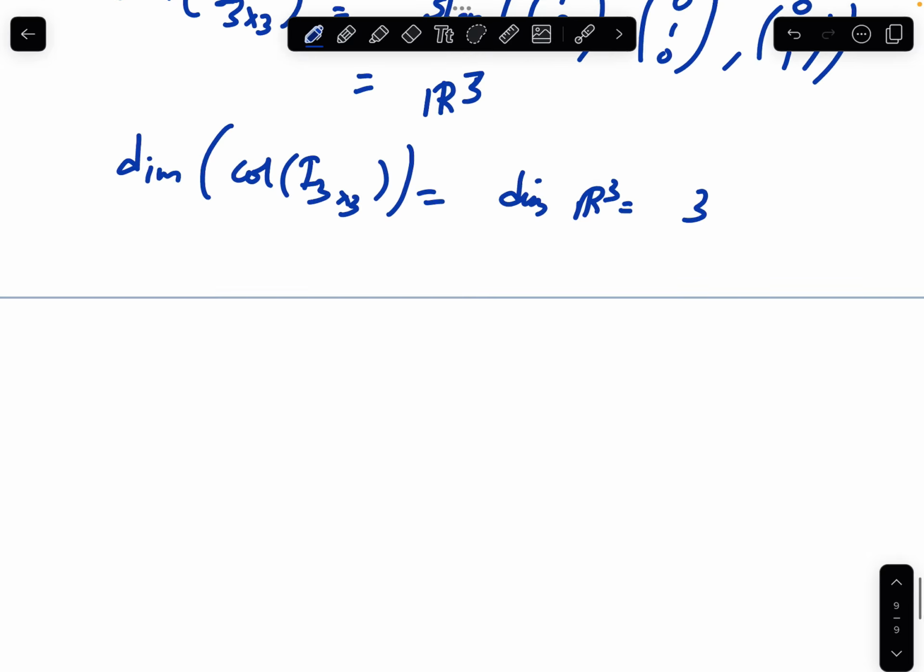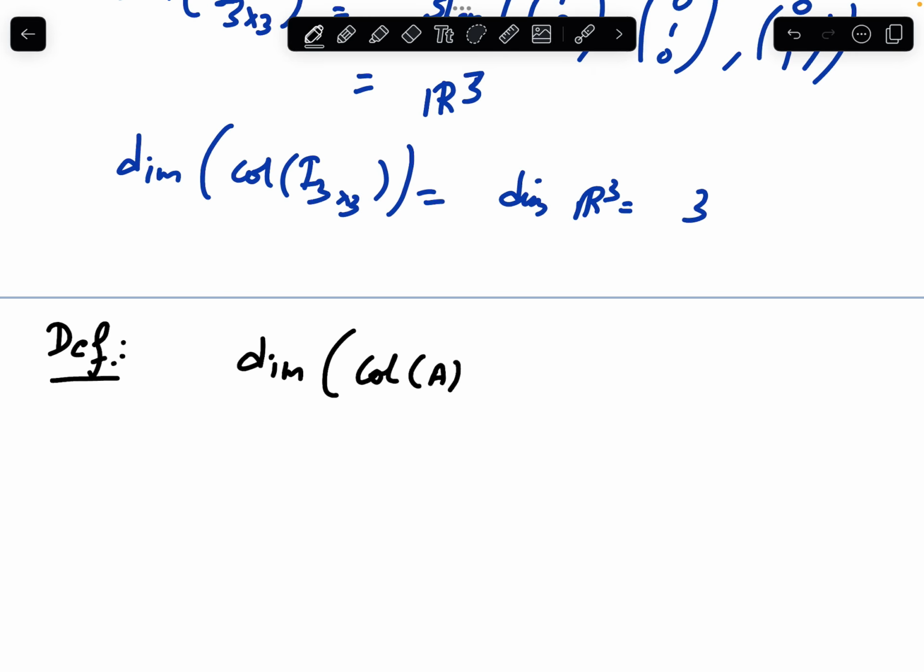So let's note the definition now. So dimension of column space of A is called rank of A. This is the meaning of rank of a matrix. And there is a result.